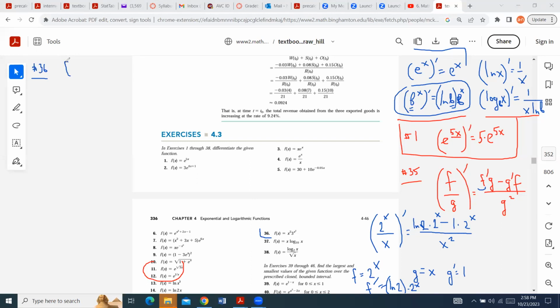Like here, we have x squared, which is multiplied by 3 to the power of x squared. You say, oh, why is it x squared here and there? It doesn't matter where it is. Don't worry. It's just some random exercise, and all you do is simplify it.